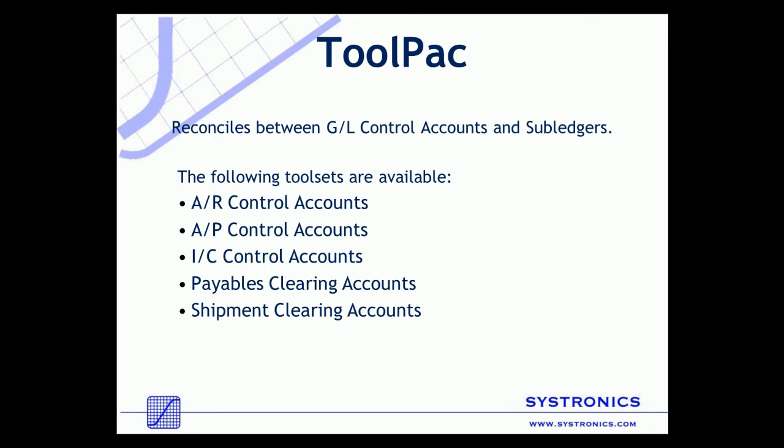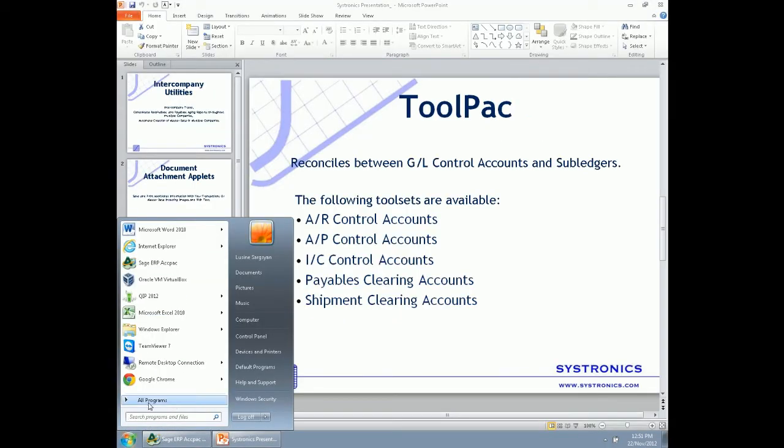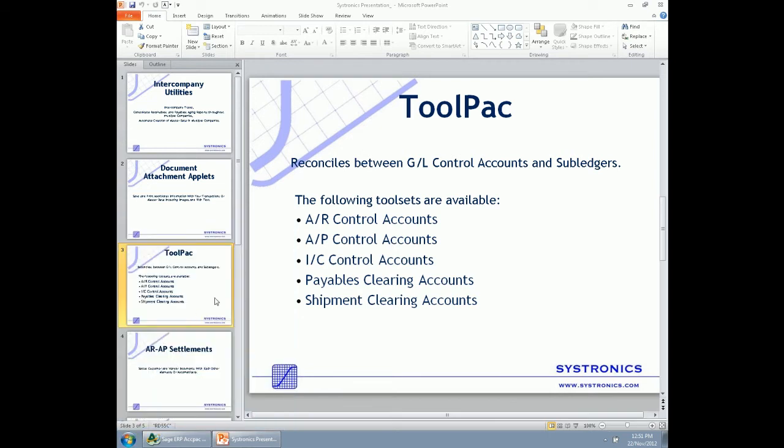I will show you only one of these tool sets. We will see today only the purchase order tool set. Toolpak is an external tool, and it is started from your programs. You go to Start, and you will find SYSTRONICS Toolpak here. Of course, you can also create a shortcut for it on your desktop and launch it from the desktop directly.